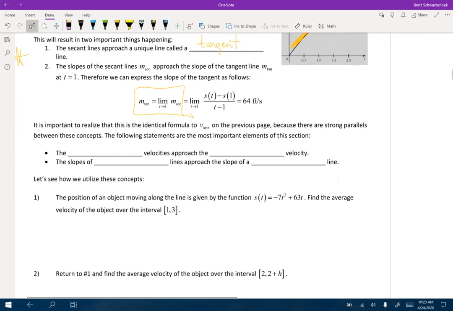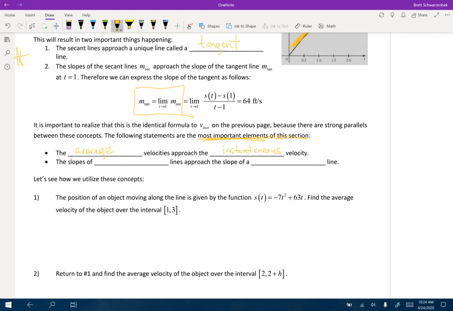And just to summarize here, we can say that just from what you're trying to get out of this section, by the way, or the most important elements of the section, essentially the average velocities approach the instantaneous velocity. Okay, so what are the average velocities?